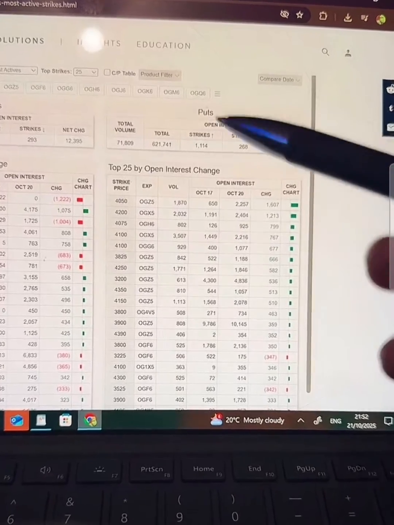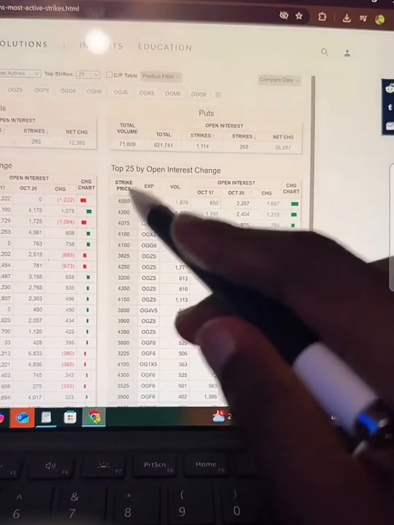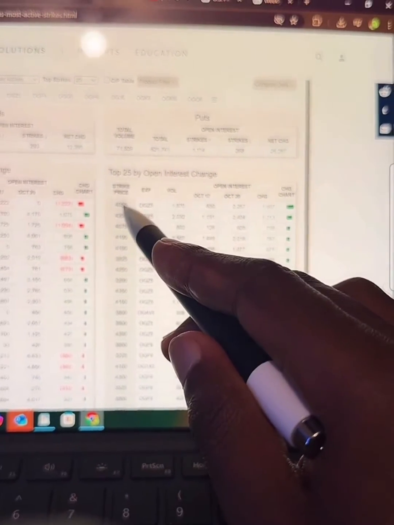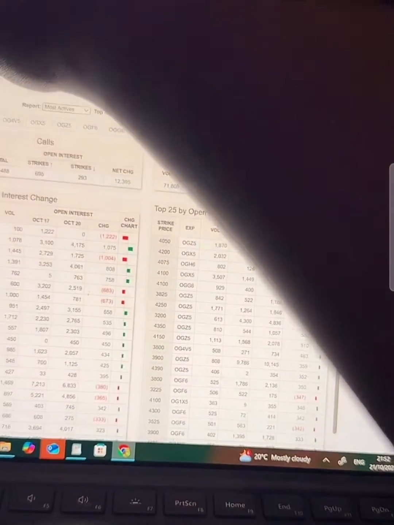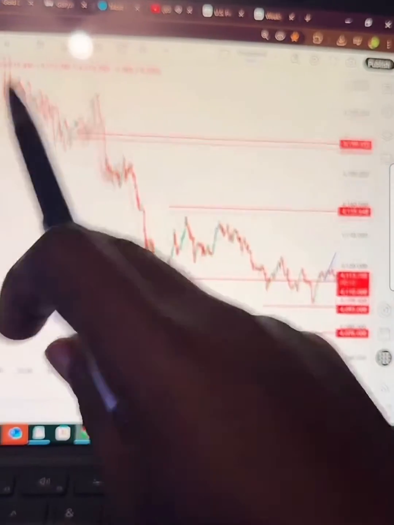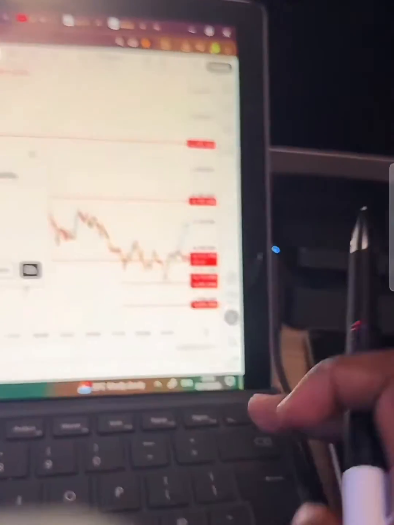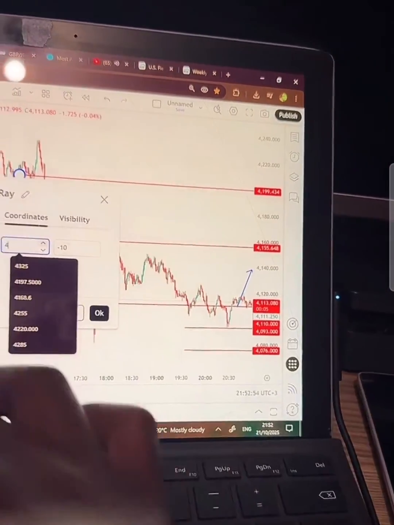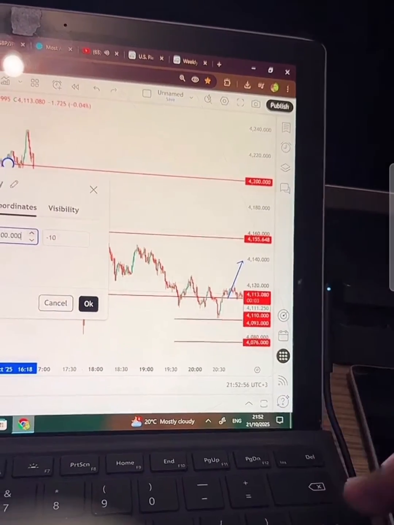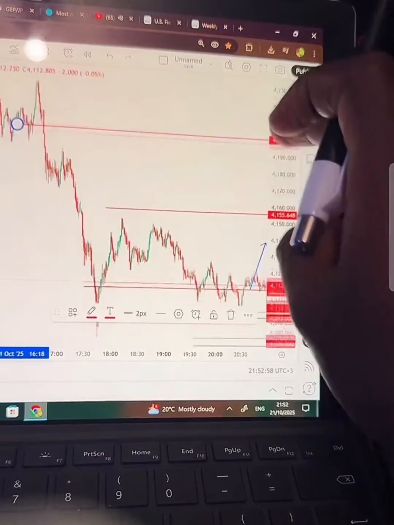So the best place to place your sales stop was 4200 and 4050. Probably 4200 was near the money by today. 4200 was near the money. I'm just working on this strategy, guys.